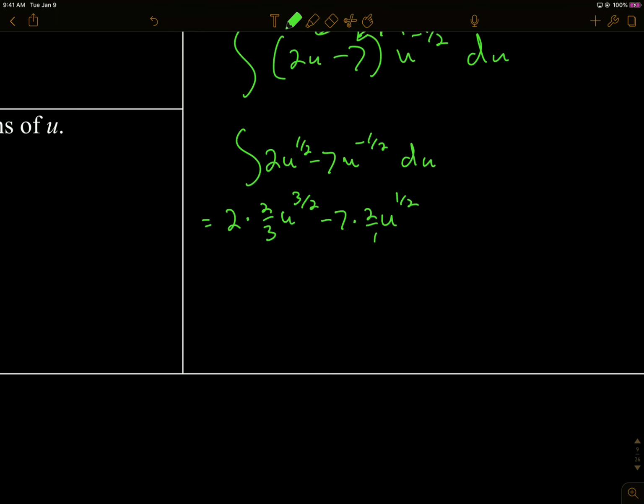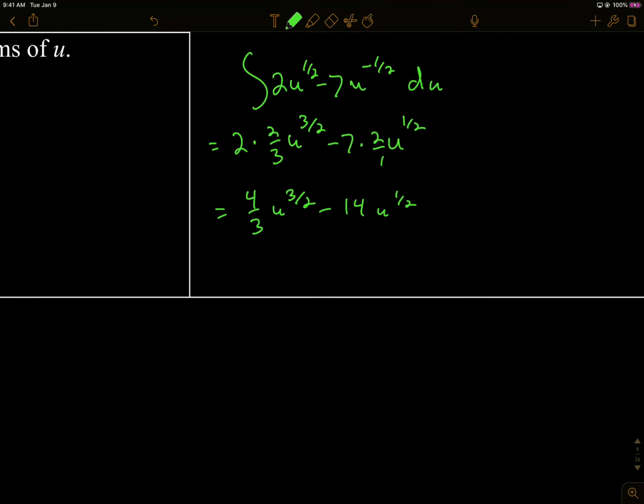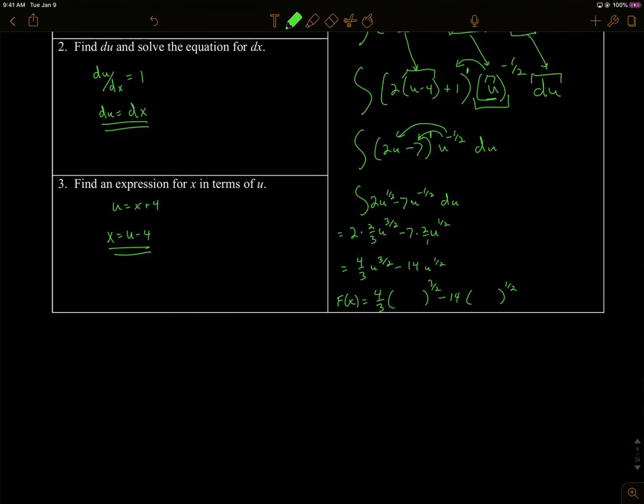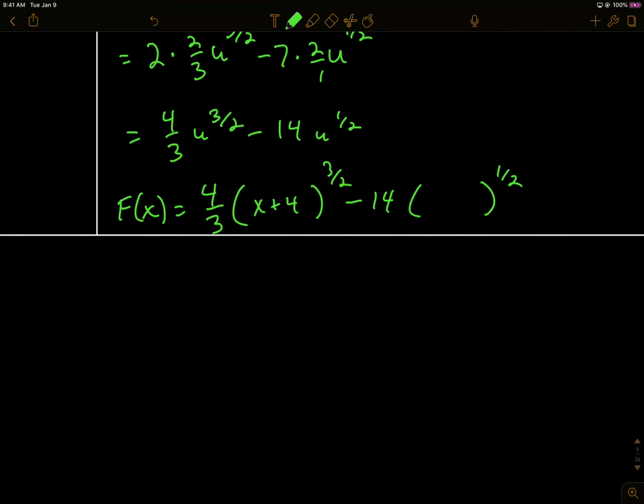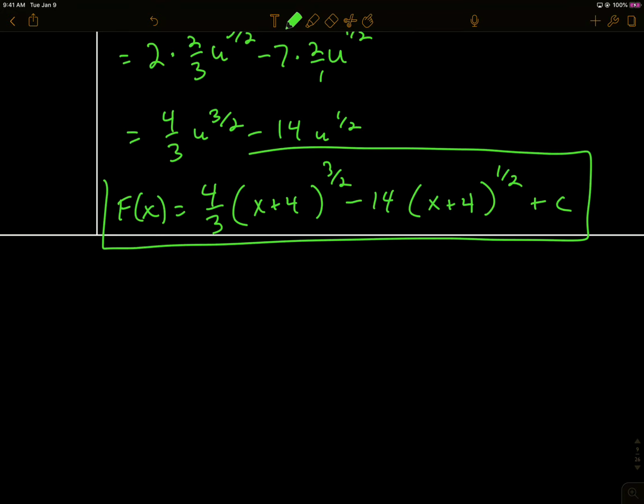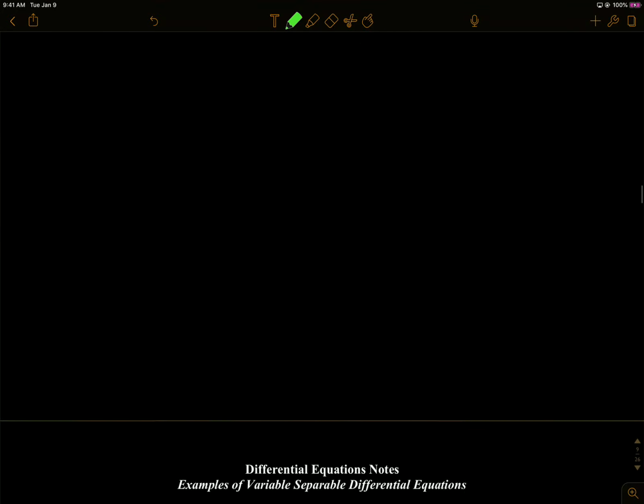So I end up getting 4/3 u to the 3/2 minus 14 u to the 1/2. And I back substitute in whatever my u was equal to, so I have it in terms of x. In this case, u was equal to x plus 4. Don't forget your plus c. And look at that, piece of cake, upside down.